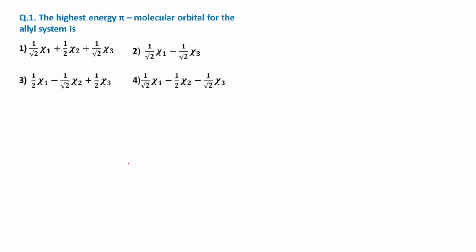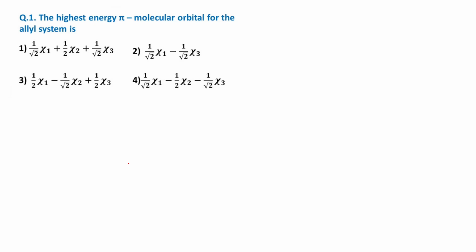So what should we do? Do we need to calculate the energies, or what is the easier way here? The easier way is to look at how many nodes are there. The more the number of nodes, the more the energy.